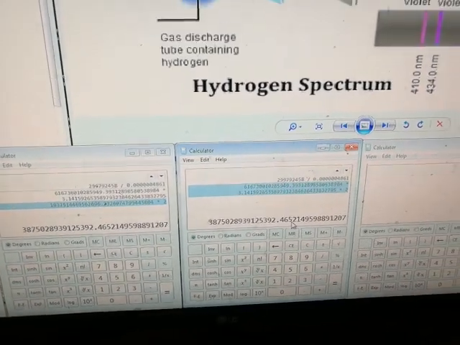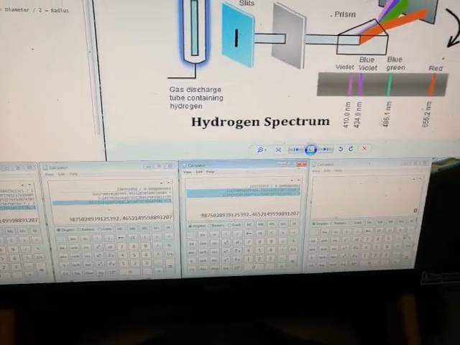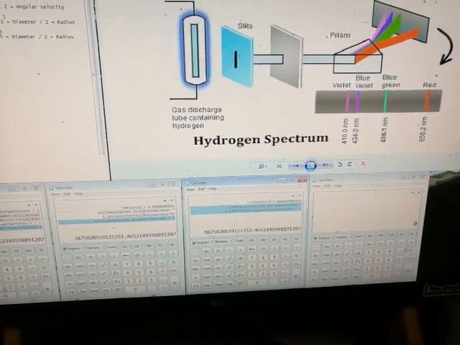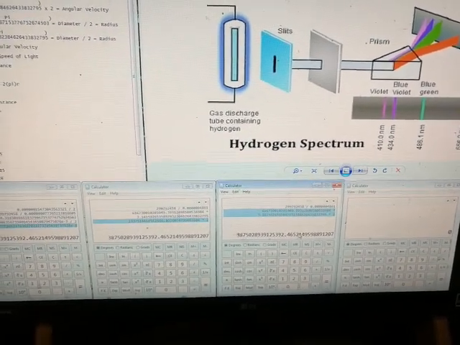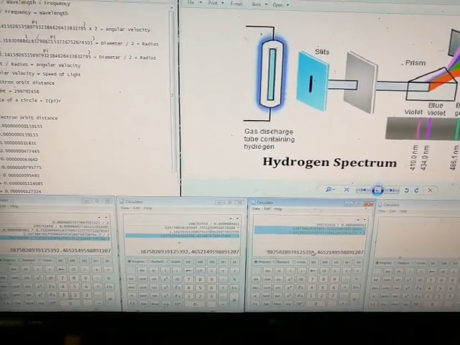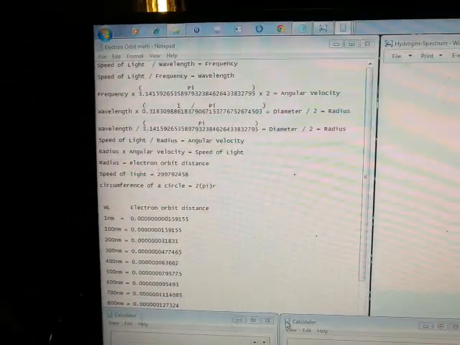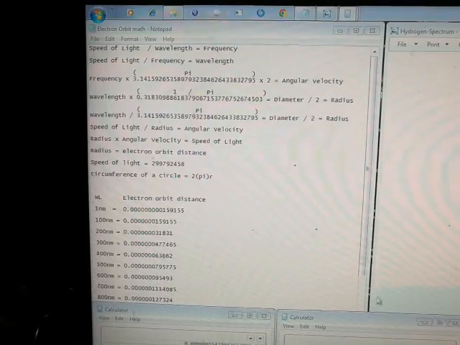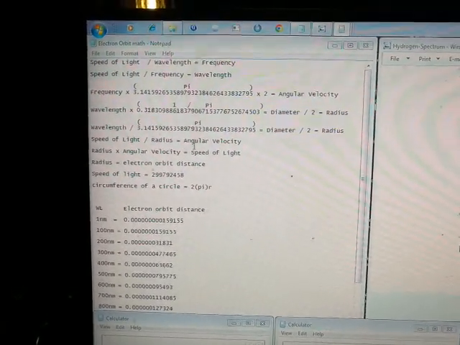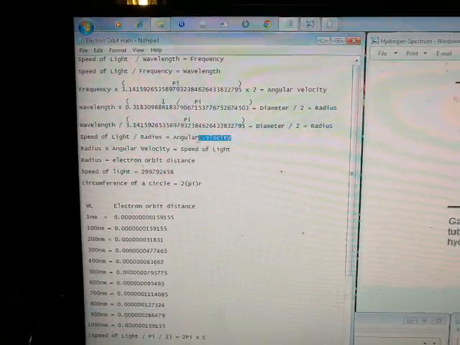Now we're going to double wavelength as the circumference and see if we can get the identical angular velocity by finding its radius, because we can use the speed of light divided by radius equals angular velocity.